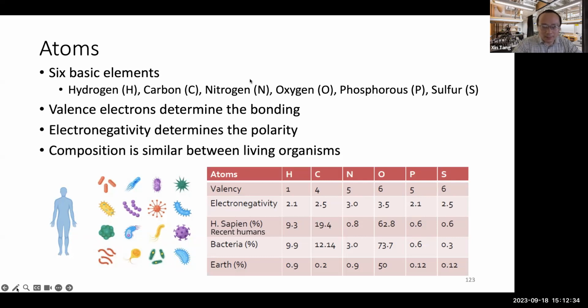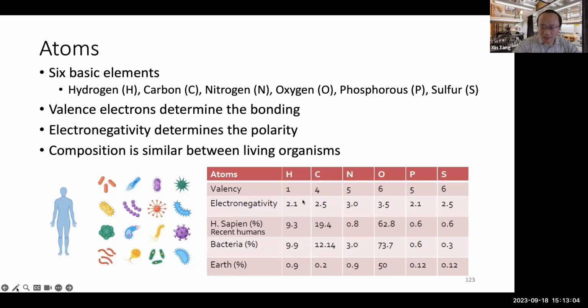If you look at living systems, these 6 different elements have quite similar distribution. Okay, so here is one table. First it shows these 6 basic elements. The first 2 rows are the valency and the electronegativity of those 6 basic elements.